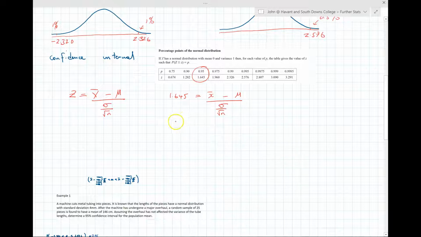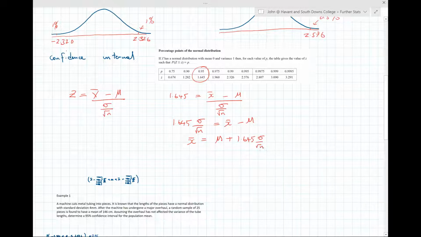We can rearrange that to 1.645 sigma over the square root of n is equal to x bar minus mu, and then x bar is equal to mu plus 1.645 sigma over the square root of n.